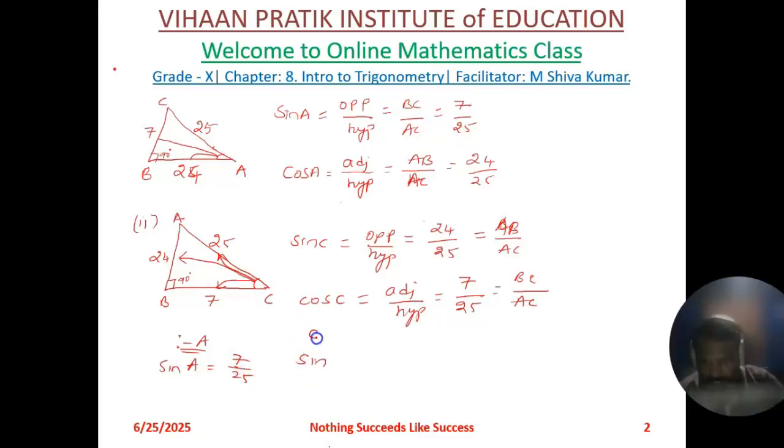For C, sine C is 24 by 25. Cos A is 24 by 25. Cos C is 7 by 25. So clearly we can see that as the angle changes, the value changes. Thank you, students.